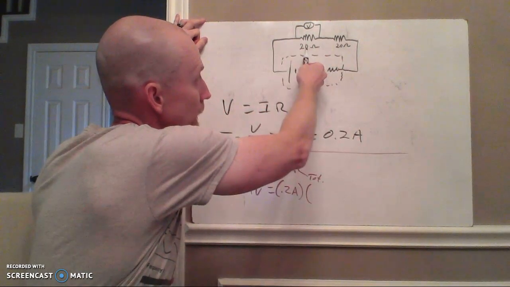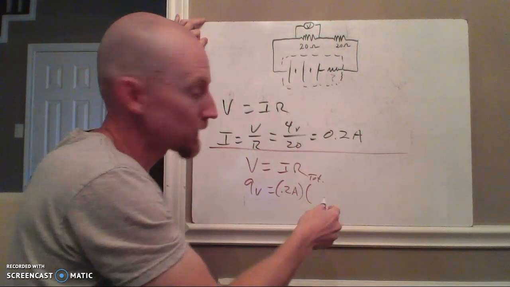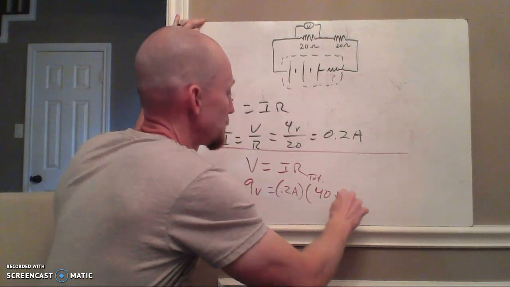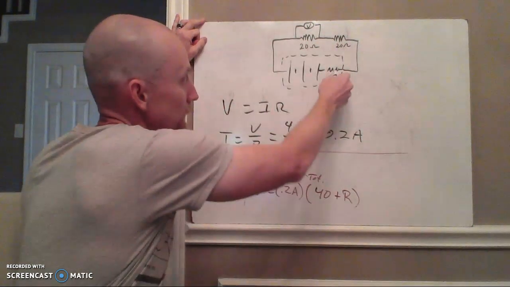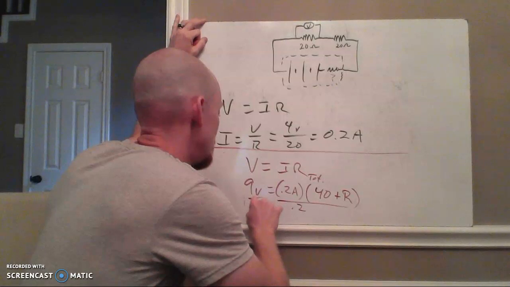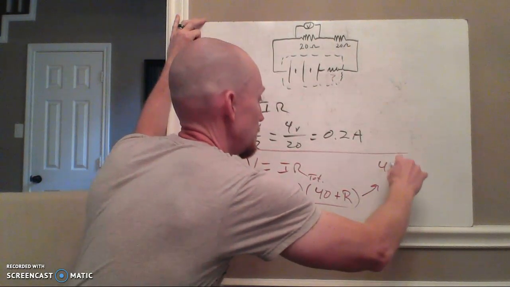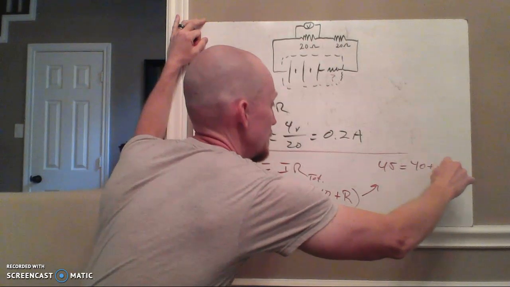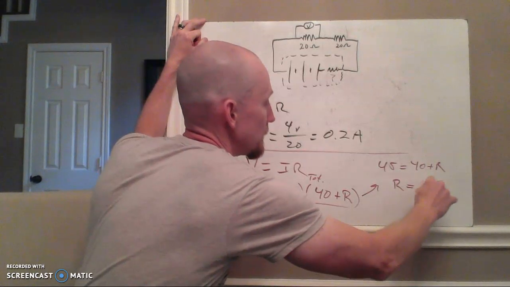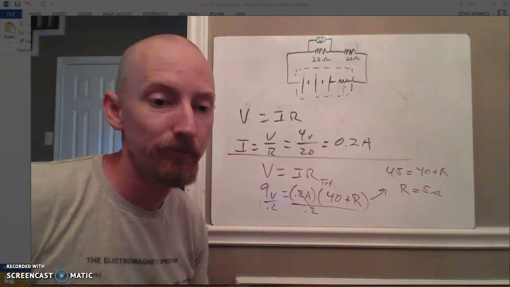So you have this R, you have that R, and then whatever this mystery R is internally in the battery. So 20 plus 20 is 40 because that's in series, plus whatever your internal R is. I divide both sides by 0.2, and that would give me 45 is equal to 40 plus R. This R is that internal R, and so that R must be 5 ohms of internal resistance.